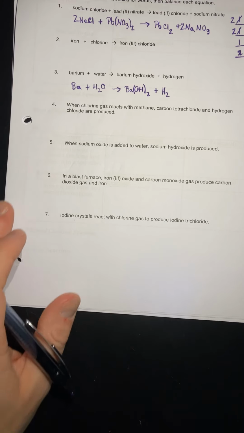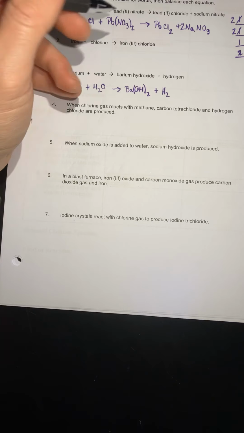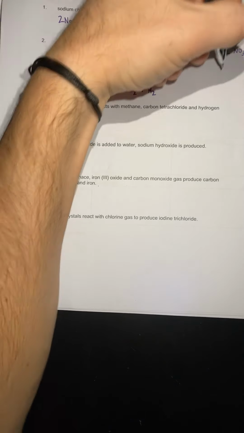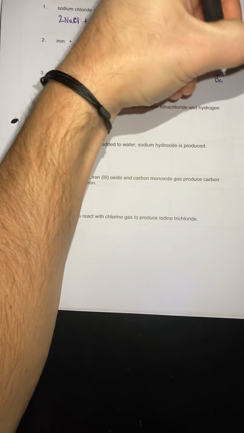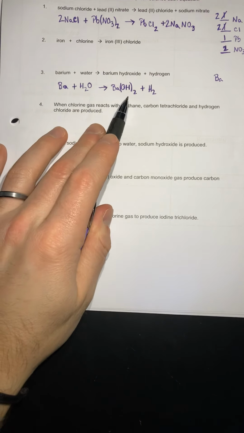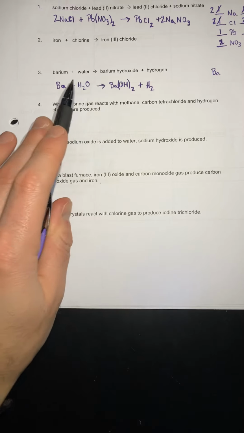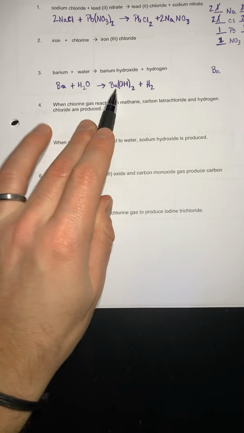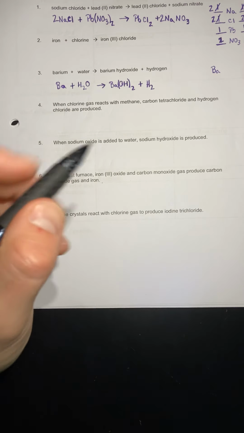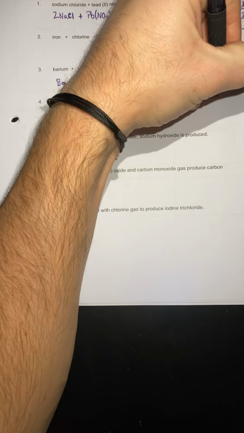Okay? All right, now, in balancing this, we have barium. Now, normally you could probably leave your oxygen, hydrogen together for the hydroxide. However, this is not the same on both sides. So you're going to need to split this up into hydrogen and oxygen separately.